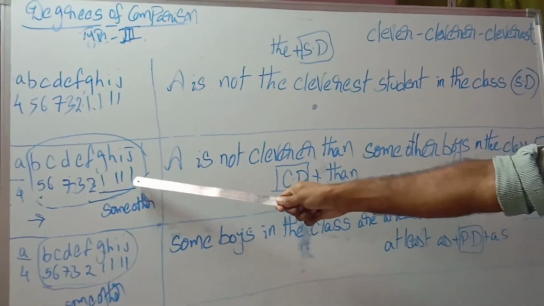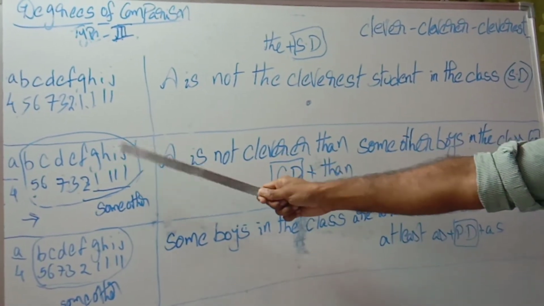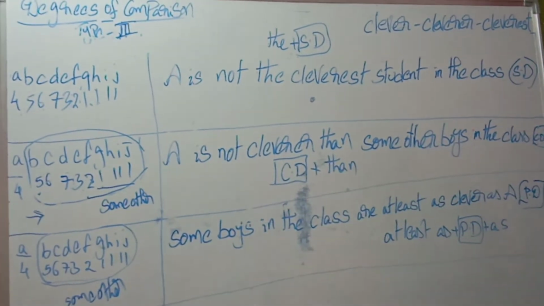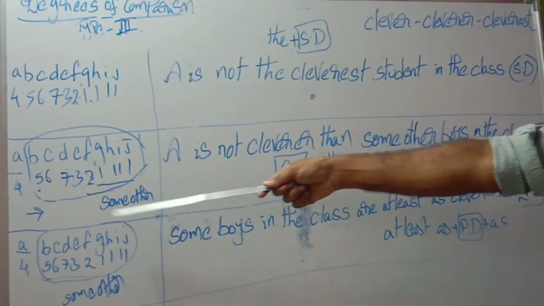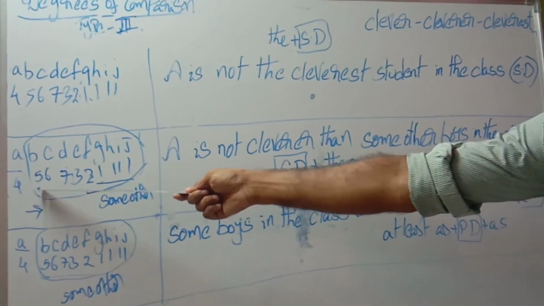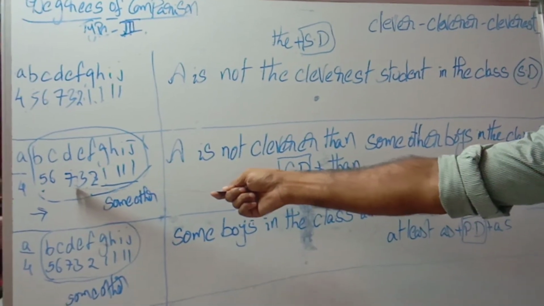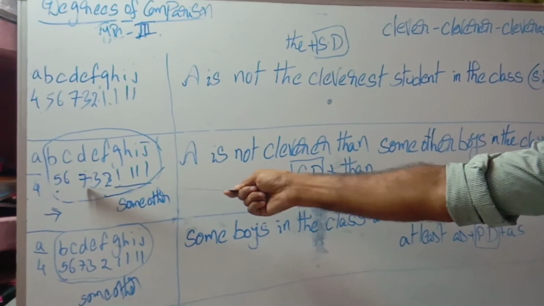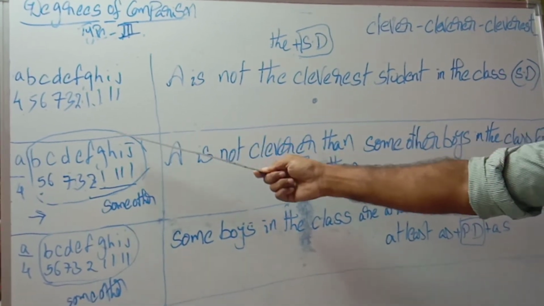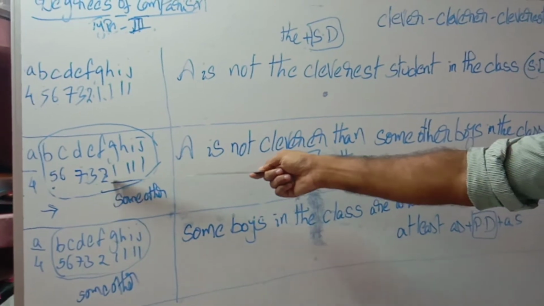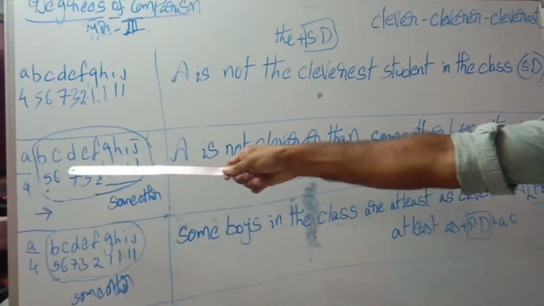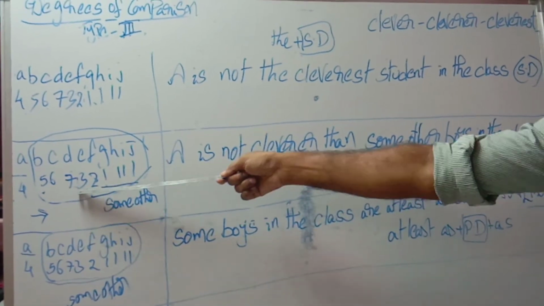So G, H, I, J got the first ranks and the remaining got the 5, 6, 7 ranks and 3, 2 ranks. A got the fourth rank. So A is cleverer than these 5, 6, 7 and A is not cleverer than these 1, 2, 3, because 4 is in the middle of that. So A is not cleverer than some other boys in the class. We have to name this particular group as some other boys. Then A is not cleverer than some other boys in the class. For comparative degree we have to use than.